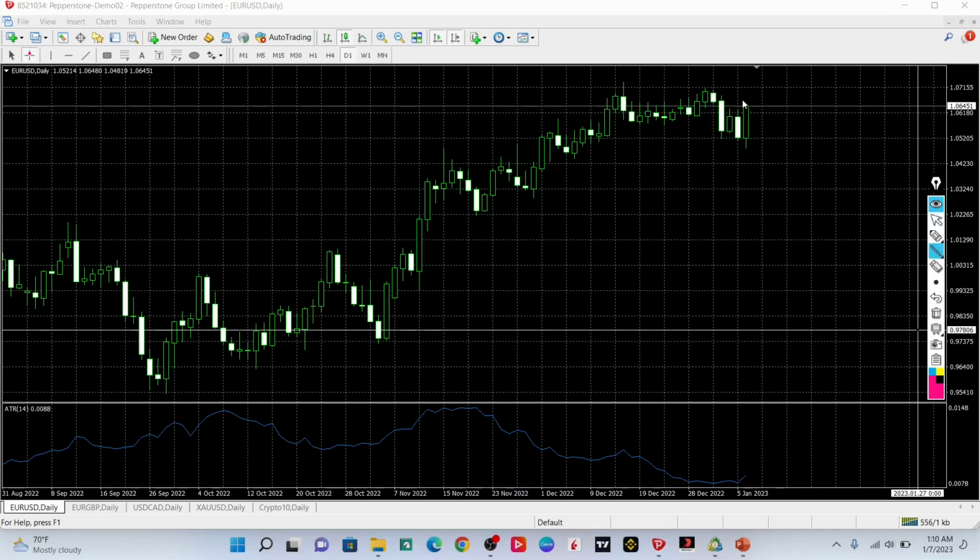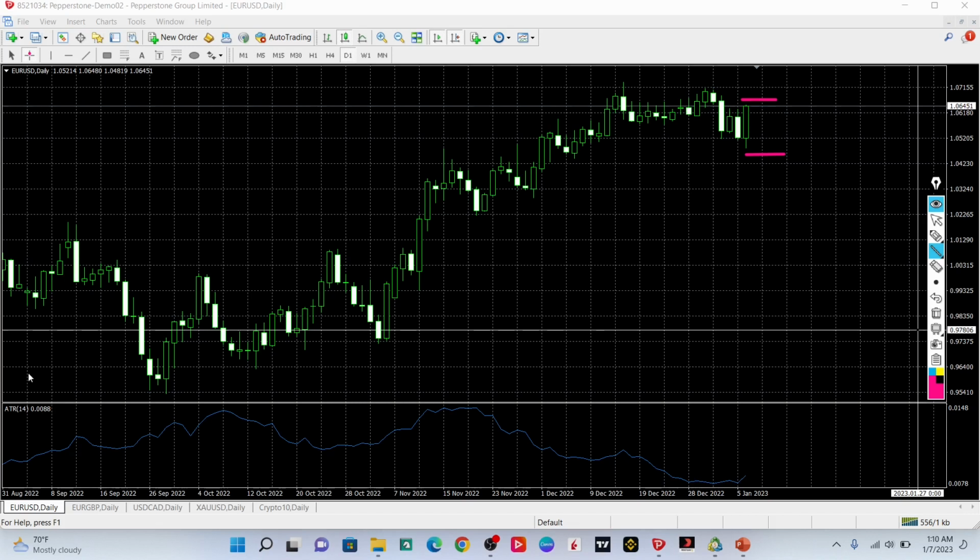So what we're saying is that if you want to buy from this level here, we want to determine where to put our stop loss. In most cases, you've been told to put it below the swing low of the candle you're buying from. But what I'm saying is that you come to the ATR reading, and it is reading 88.